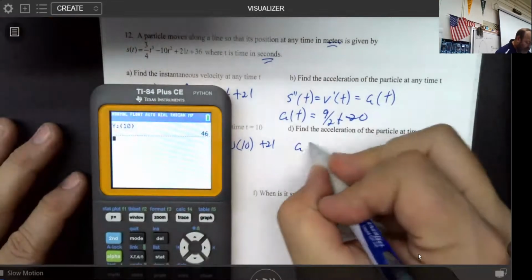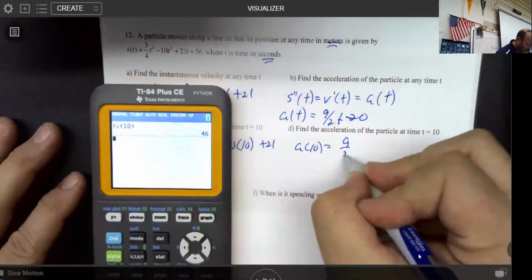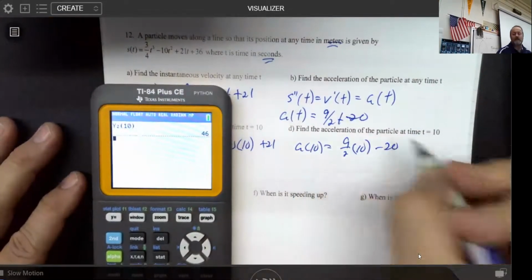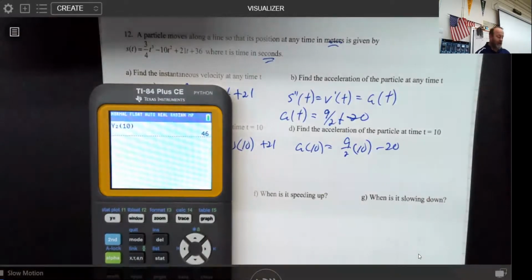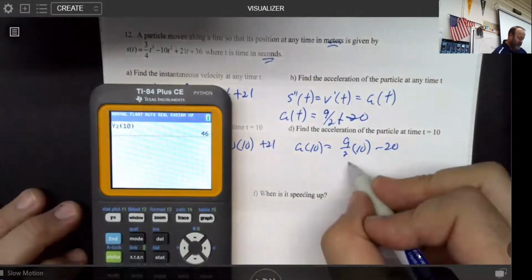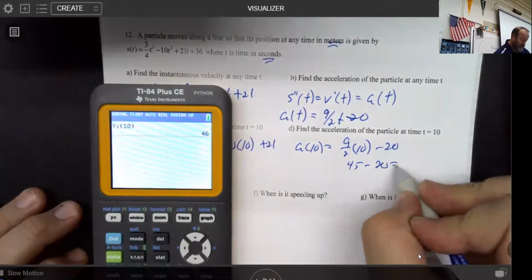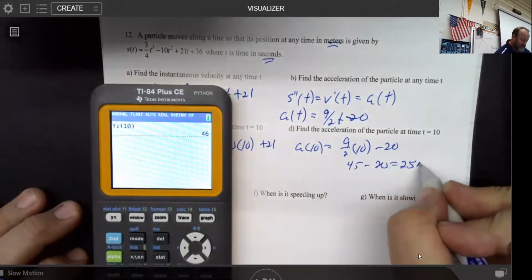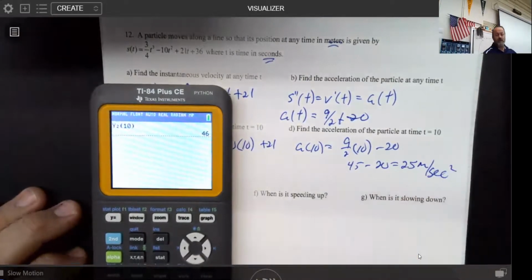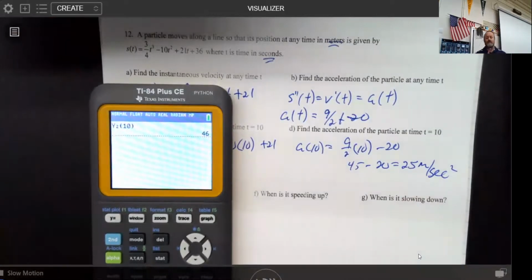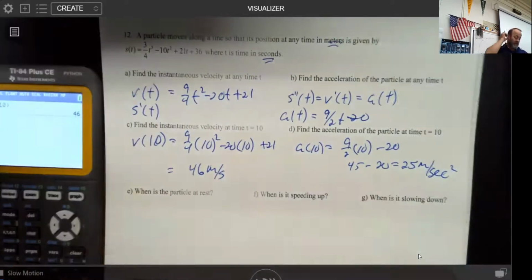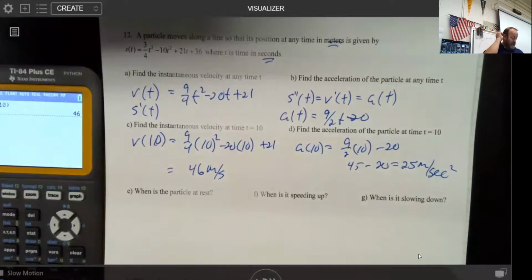This one I don't think is worthwhile to plug in, because it's a relatively simple number: 45 minus 20, which is 25. This one is meters per second squared. Keep in mind, position was meters, velocity is meters per second. Every time you go down a level, you add another piece of that variable in the bottom. So this is meters per second squared.